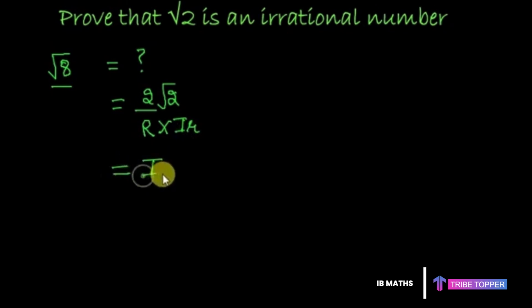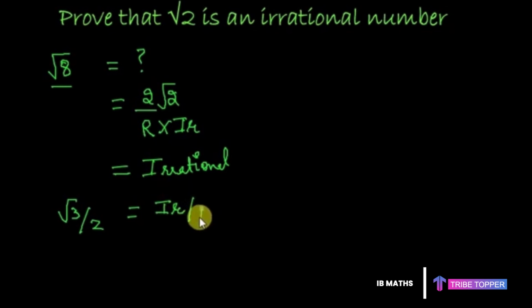So that means your square root 8 is an irrational number. And similarly, if I ask you, what about square root 3 upon 2? Though 2 is a rational number, dividing an irrational number by a rational number would again give you an irrational number. That means an irrational number on multiplication by a rational number would result in an irrational number.